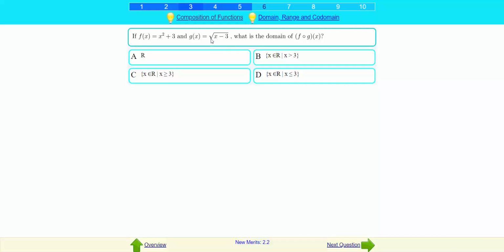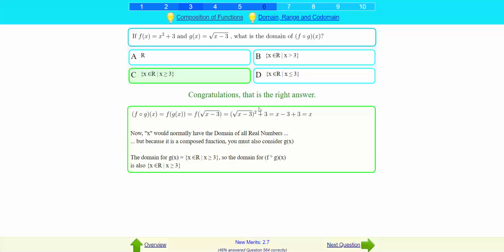So the domain is greater than or equal to 3. And then you would inherently apply that to x squared plus 3, the end result.